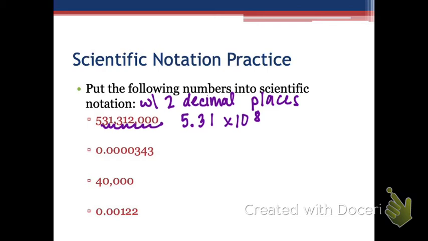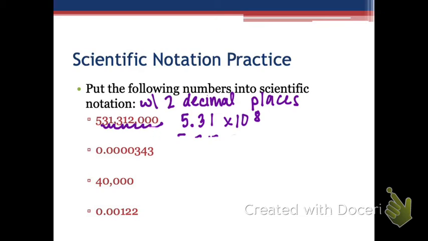Obviously, the more decimal places I put, the more exact my number is going to be. So if I was allowed, I could put 5.31312 times 10 to the 8th. And that would give me the exact same number as that, right? If I was allowed to put that many decimal places. But in this case, I asked for only 2.